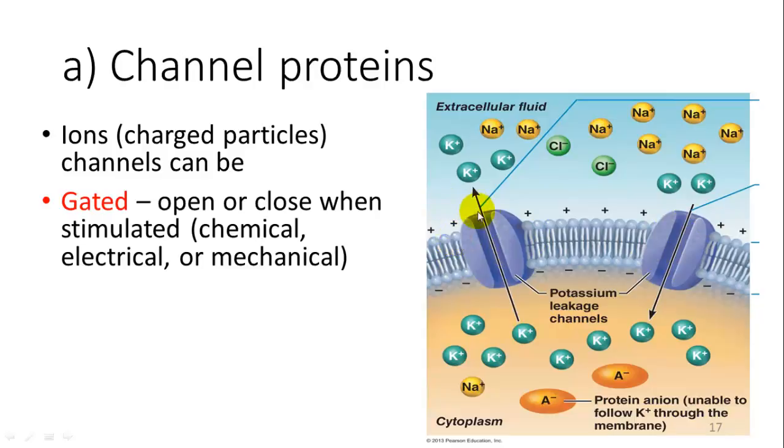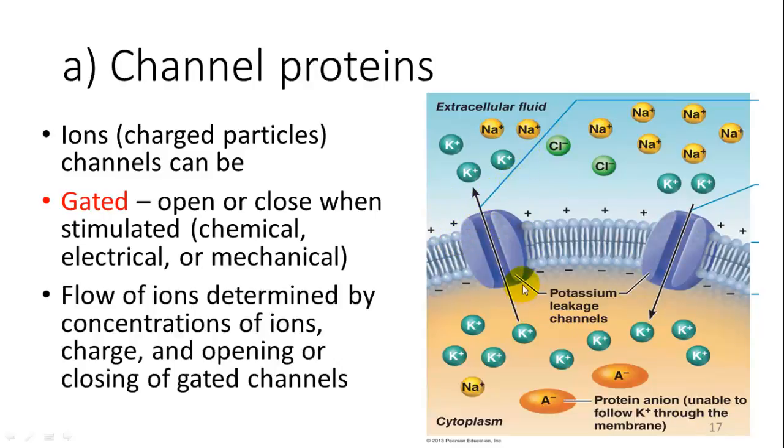These can be gated, where they're open or closed based on chemical stimulation, or they can just be open. The flow of ions is determined by the concentration of ions on either side, the charge, since some are repelled by the negative charge of anions or proteins, or whether or not the channel is open or closed, whether it's gated or not.